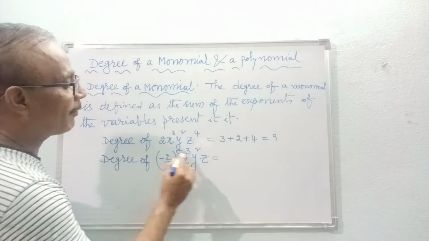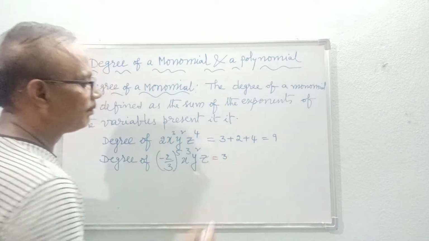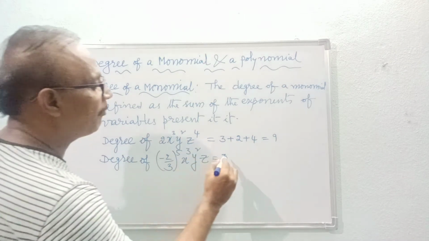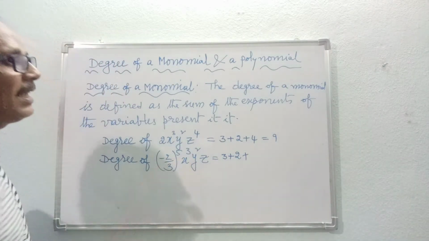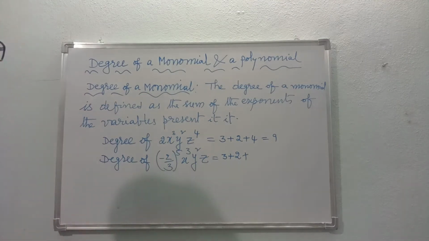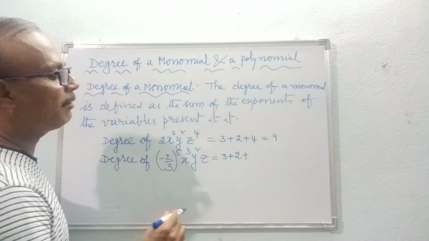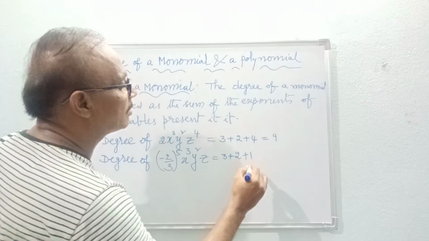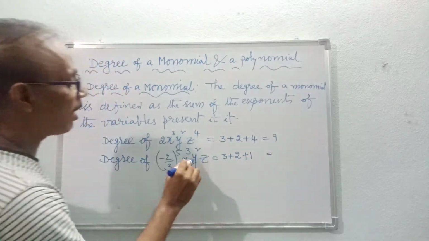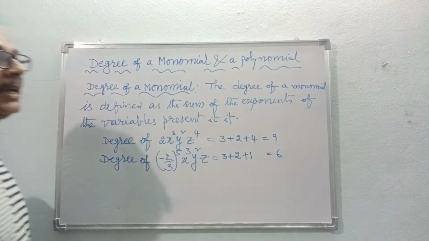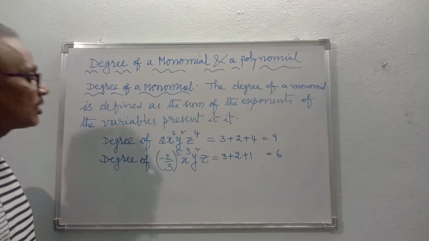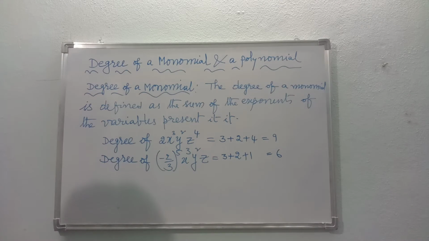The exponent of x is 3 and the exponent of y is 2, but we can't see any exponent for z here. So whenever there is no exponent for any variable, it is always 1. So the exponent of z is 1. Therefore 3 plus 2 plus 1, 6. That is the degree of this (minus 2 by 3) whole power 5 x cube y square z, equals 6.